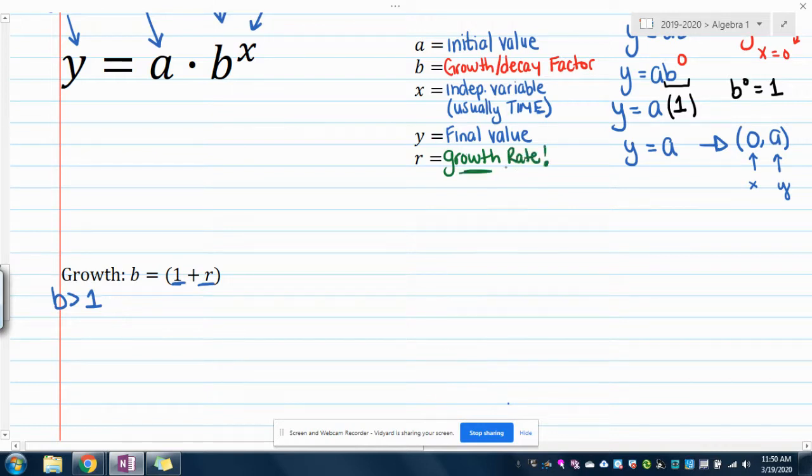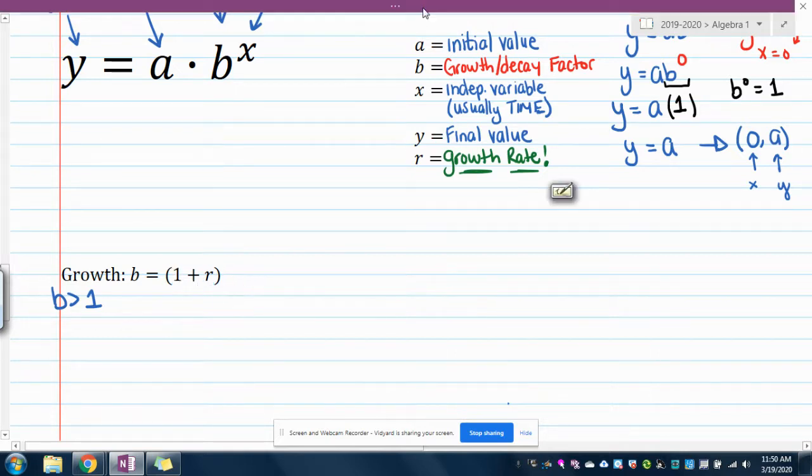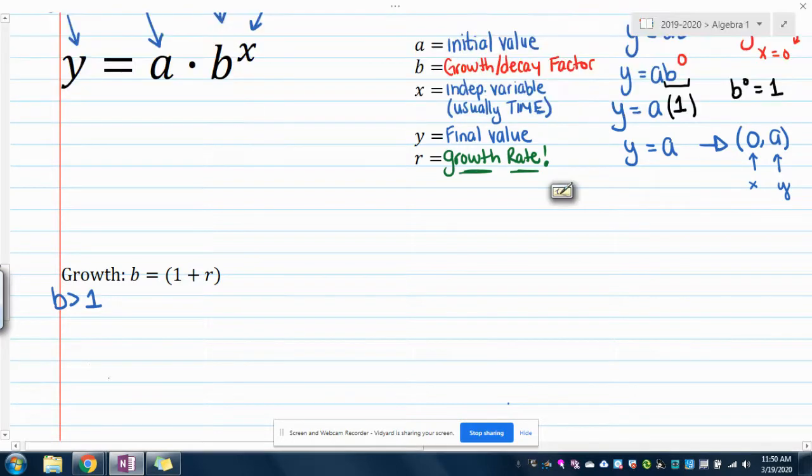Okay? This is the thing that a lot of people get mixed up. So if I have y equals, let's say, 1.2 to the x. What is b? B is 1.2, which I can rewrite as 1 plus 0.2.